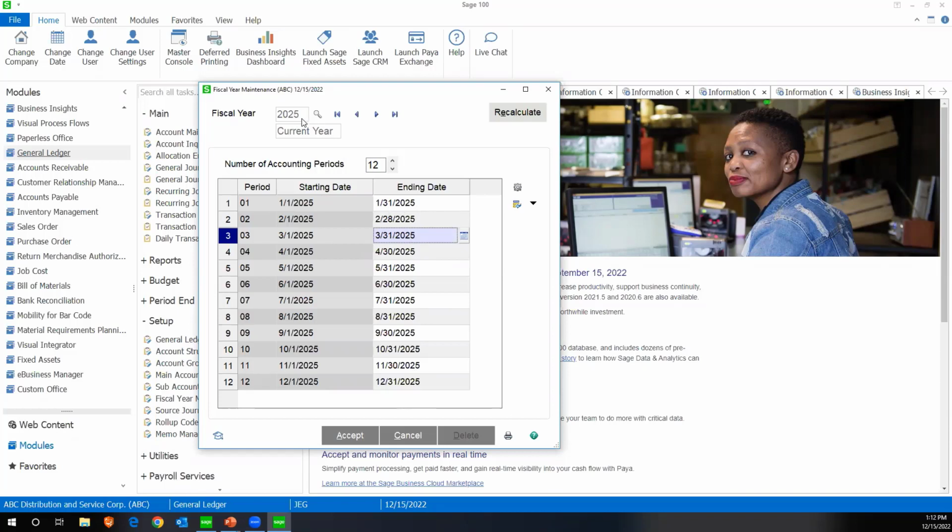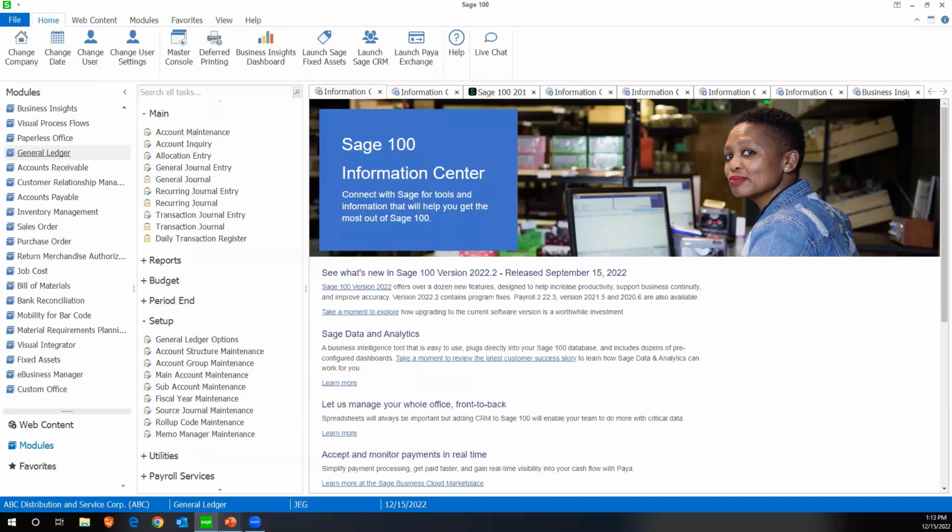And then as new years get created, it will copy the prior year's data over into the next year for the layout of that next year. If you're a calendar year, you're all set because it makes the appropriate changes. If you're a fiscal year and you're not always closing on the same day for each month, you might have to go in here and adjust the ending dates for each of those. Okay.